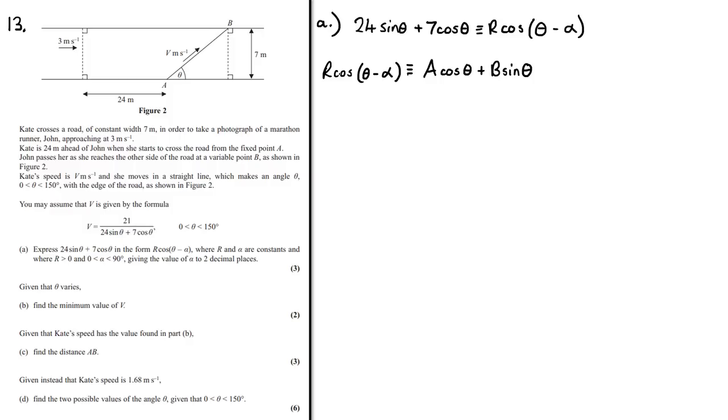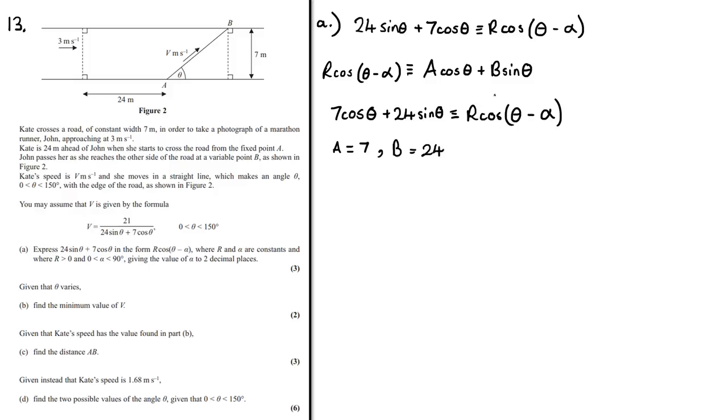So in that case, let's just write it the correct way here. So that's 7 cos theta plus 24 sine theta is equivalent to r cos theta minus alpha. Okay, and from here now what we can see is that a equals 7, so a is 7 and b is 24.